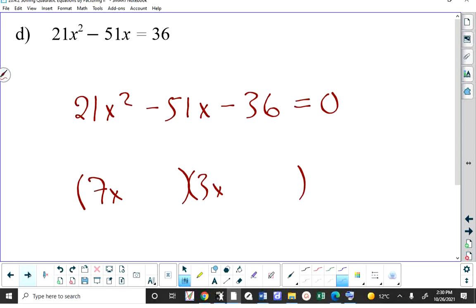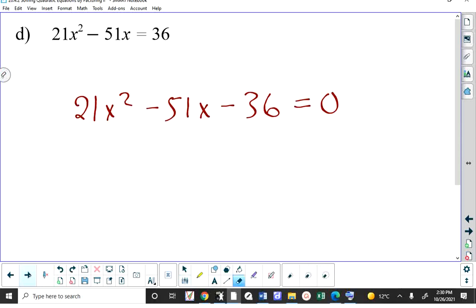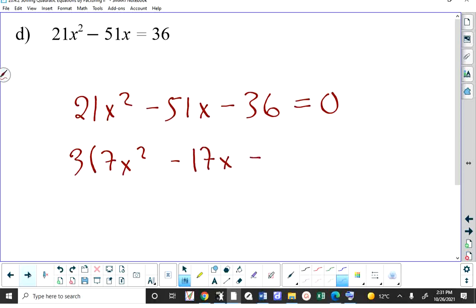You always want to check to see if there's a common factor. Because if there's a common factor, let me pull the 3 out, which means factor the 3 out, and explain why it's important. Then we get 7x squared minus 17x minus 12.